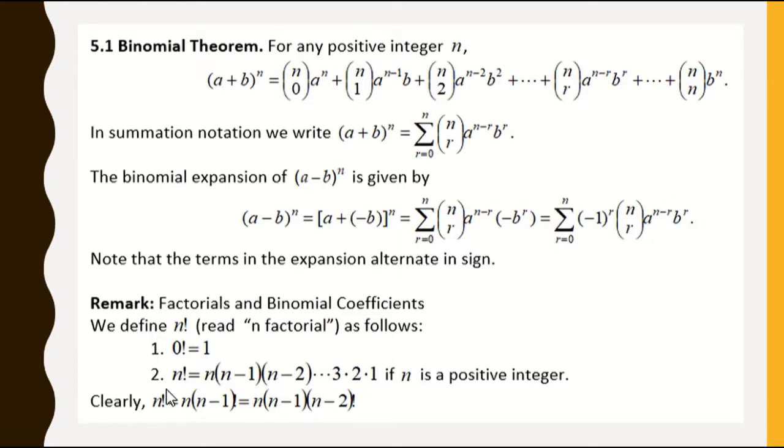Then n factorial is equal to n times n minus 1 times n minus 2 up to 3 times 2 times 1 if n is a positive integer. Clearly, n factorial is equal to n times (n minus 1) factorial, which is equal to n times (n minus 1) times (n minus 2) factorial.